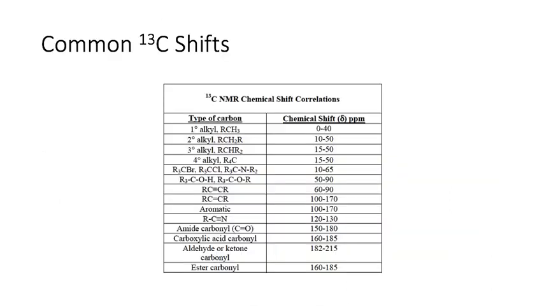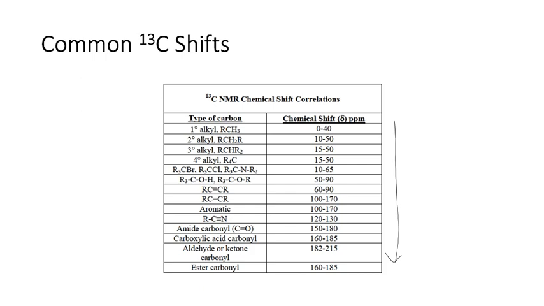Just like I gave you a shift chart for proton NMR, you also have a shift chart for your carbon-13 NMR. If you notice over here on the scale, it actually gets quite a bit bigger. It's not just 0 to 12 anymore.